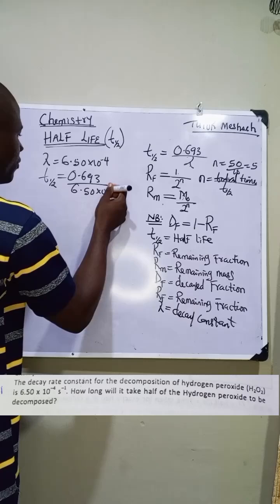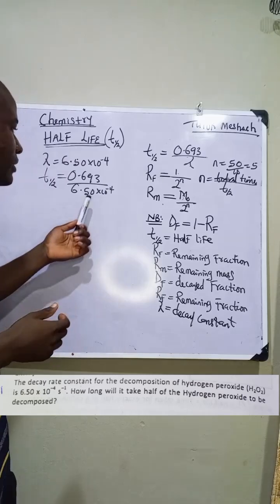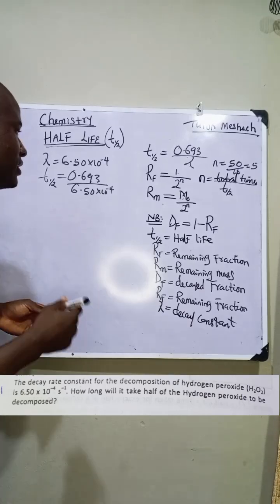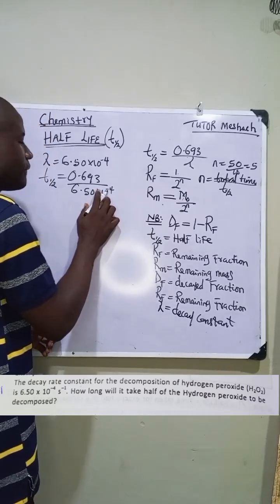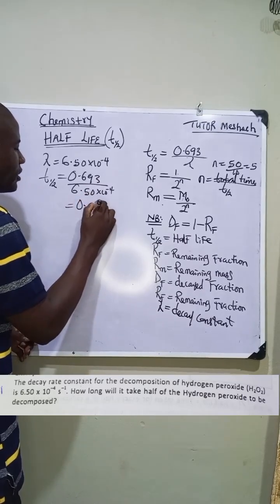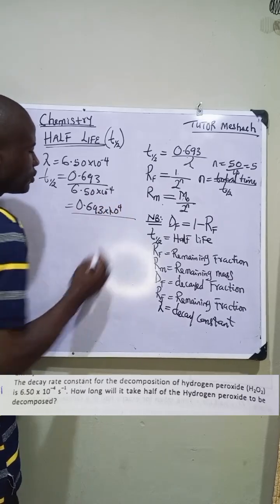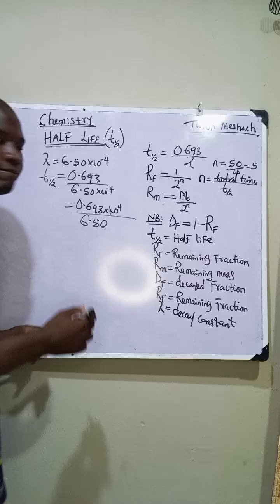Now, from your indices, when you bring something down that has a negative sign in the power, when it comes up, the sign will change. So if you are to solve, we have 0.693 times 10 raised to the power 4 divided by 6.50.